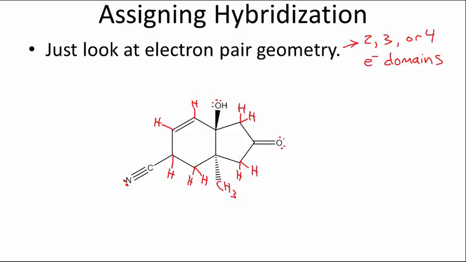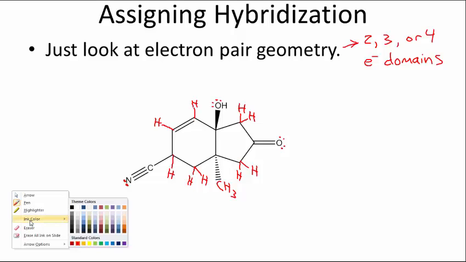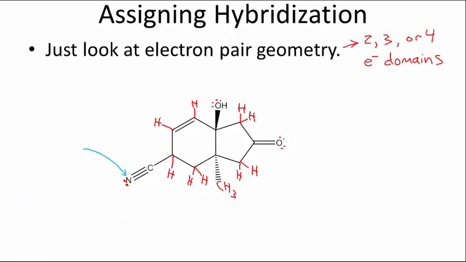All right. So let's go through from left to right. I look at my nitrogen over here on the left. How many domains do I have on nitrogen? 2 domains. So what hybridization would that correspond to? sp.